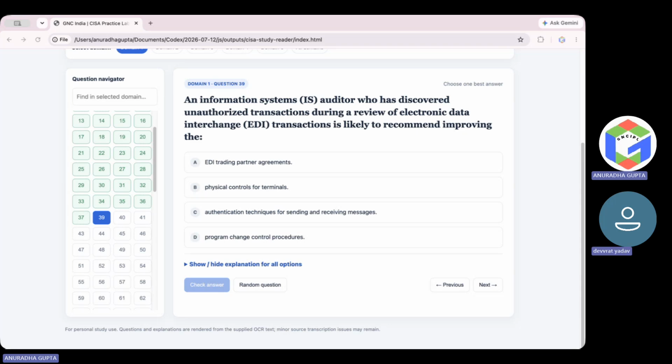The basic principles will work. If you have concrete principles, then in any scenario you will be able to handle it. But yes, this questionnaire is also important.